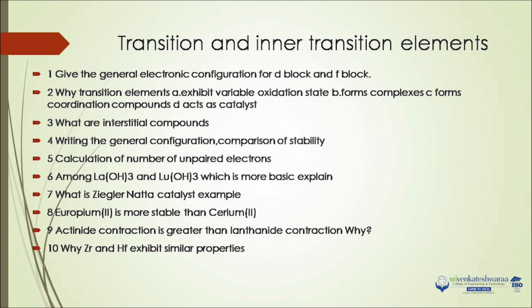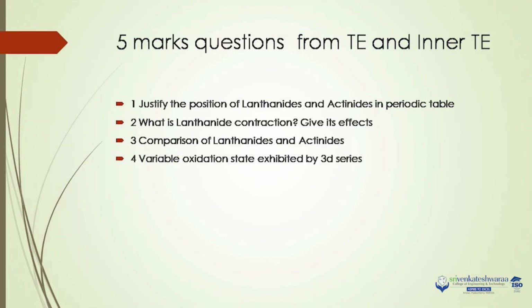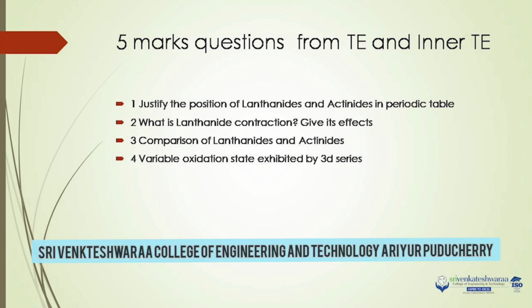Next, coming to stability: Fe2+ and Fe3+, which is more stable? Regarding iron, the atomic number is 26: argon 4s2, 18 plus 2 is 20, 26. Fe2+ has argon 3d6.